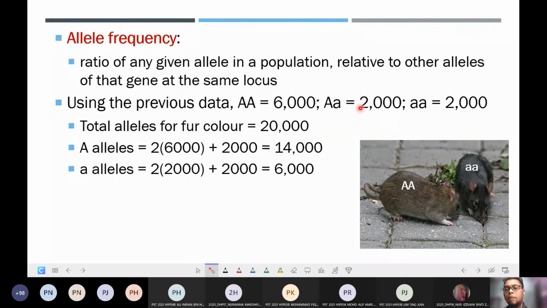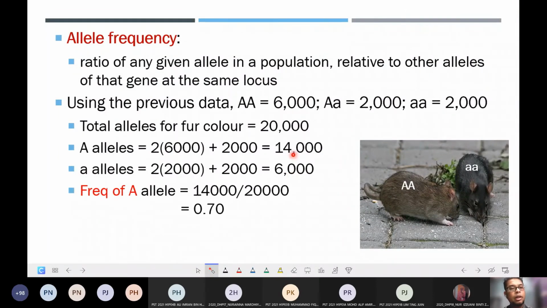Ambil je 2,000 ni. Meanwhile, for the homozygous recessive group, there will be 2 small letter a alleles. So for these 2,000 individuals, we just times with 2. So you will get the total number of small letter a alleles, which is 6,000.